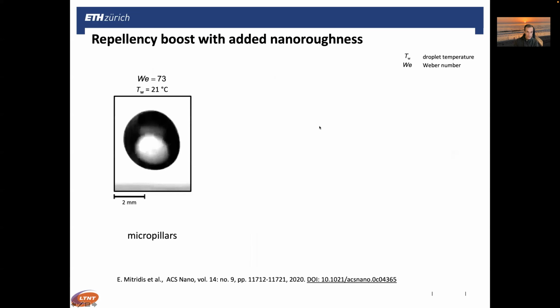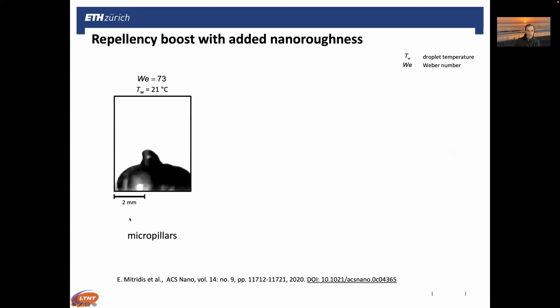And then I'm going to close by showing you, due to time limitations, the experiments that we did. Now you have a Weber number which is relatively high, 73, for water and a surface temperature of 21 degrees. And you see that in this particular example, you have impaled, right?